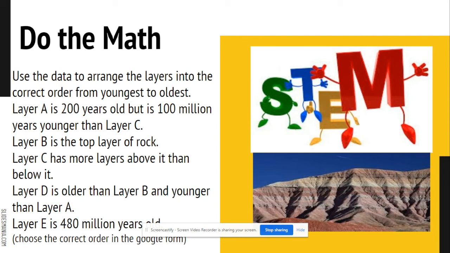So there's 5 layers, and on your Google form, they're listed in several different variations, and you'll have to pick the one that you've worked out to be the correct order from youngest to oldest. So just 2 things you're going to work on today, that 1 paragraph up on the top of the form, where you're going to compare and contrast the newspapers and the rock formations discussing relative age, and then you're going to do some math and put these rock layers in order by taking a look at the data on the screen.